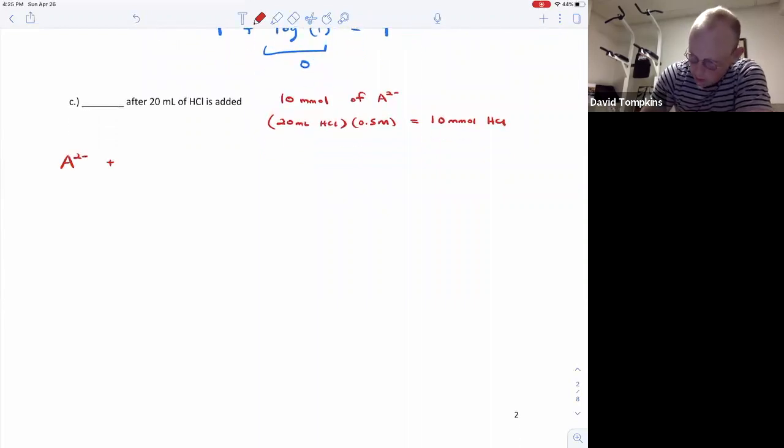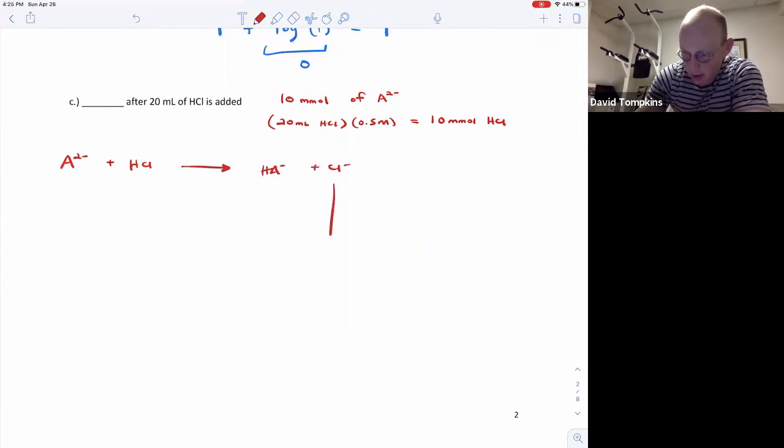So A2 minus is going to react irreversibly with HCl to give HA minus and chloride again. Same reaction. It's irreversible because of a strong acid. But this time, we change the millimole values.